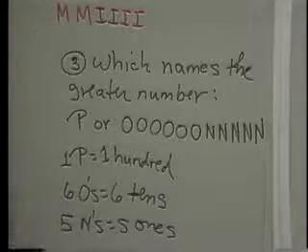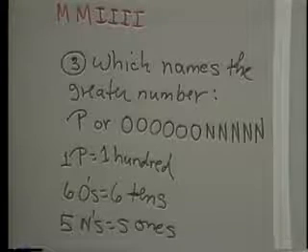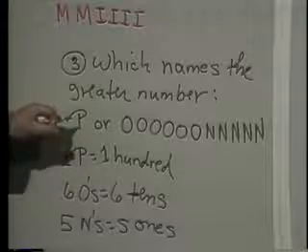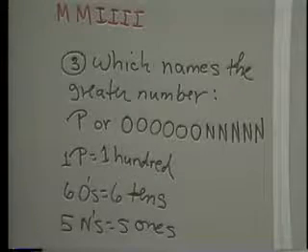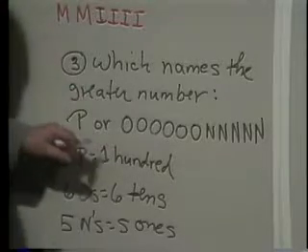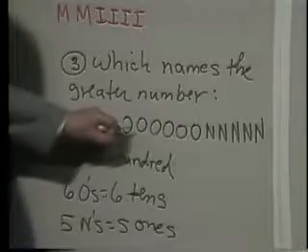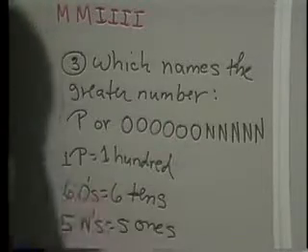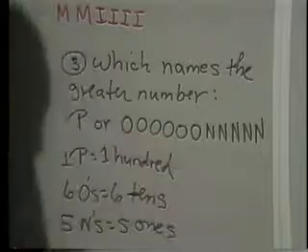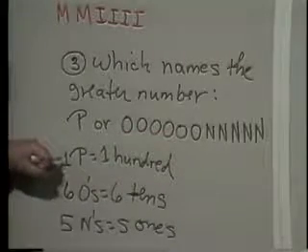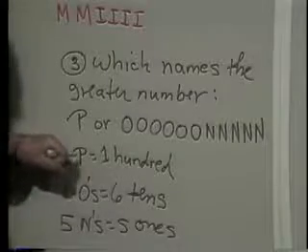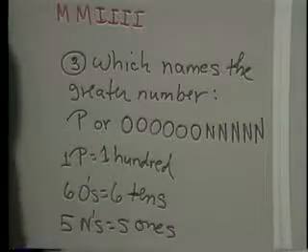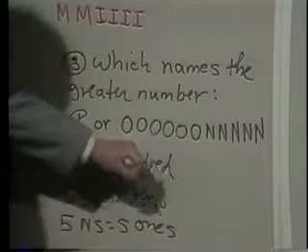Now, again, to emphasize quality versus quantity, I want to show you that it's not just the number of characters that appear, it's how potent they are. See, which names the greater number, a single P or 6 O's and 5 N's? There are certainly many more characters over here. But remember, the P in 1P stands for 100. The 1 in 1P is modifying 100. See, 1P is 100.